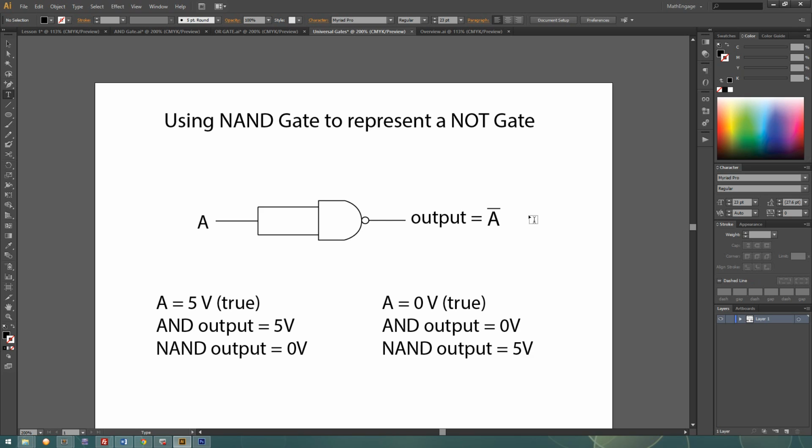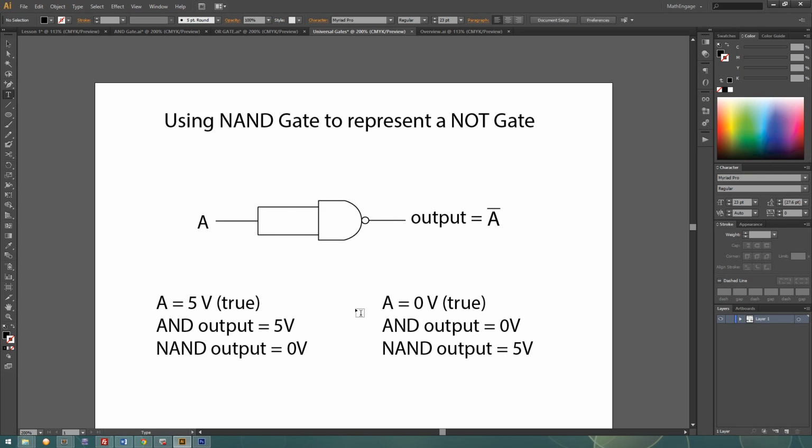So what we're going to do is combine the two inputs of the NAND gate into one using a wire. And this wire is going to be hooked up to the input, which is A. Now, you're probably like, whoa, that's so genius and smart. And I'm just thinking that's such a hack, but it still works. If A were to be 5 volts, we have 5 volts going into this branch as well as 5 volts going into this branch.